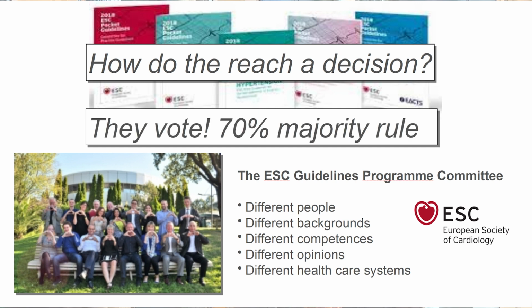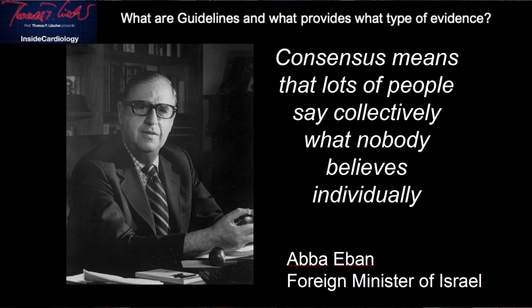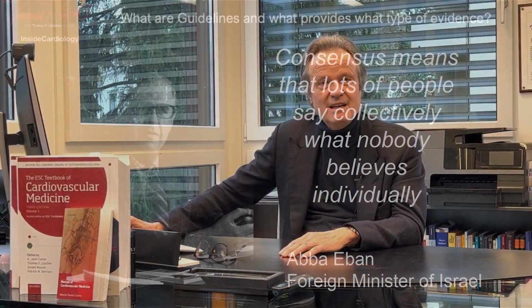And if 70% are for a 1A or a 1B or a 2A, then that's what's in the guidelines. So we have to be a bit careful with these things and remind us of Abba Eban, the late foreign minister of Israel, who said consensus means that lots of people say collectively what nobody believes individually.